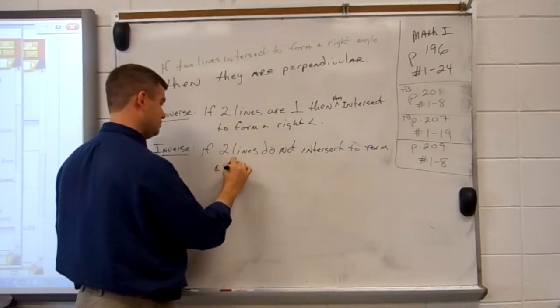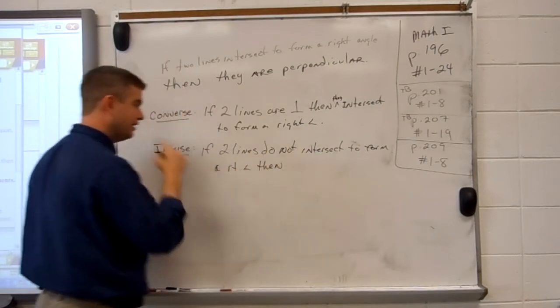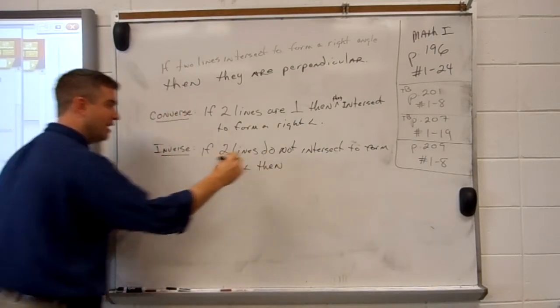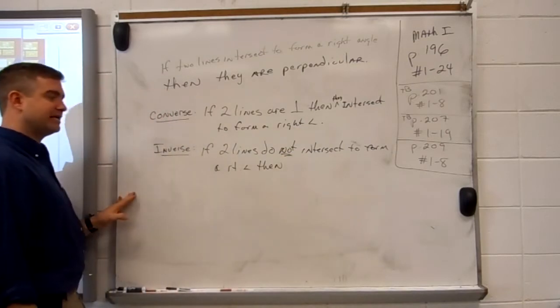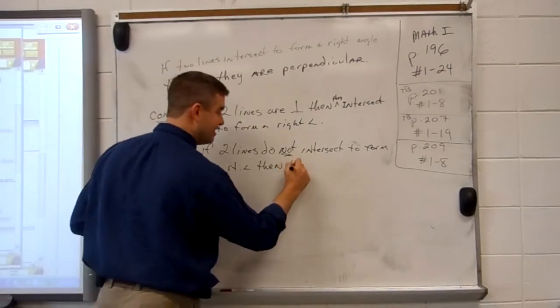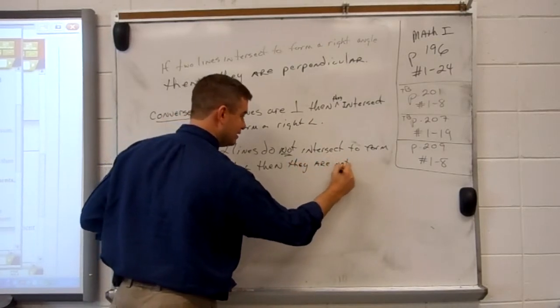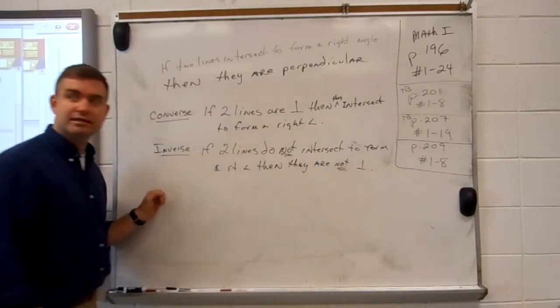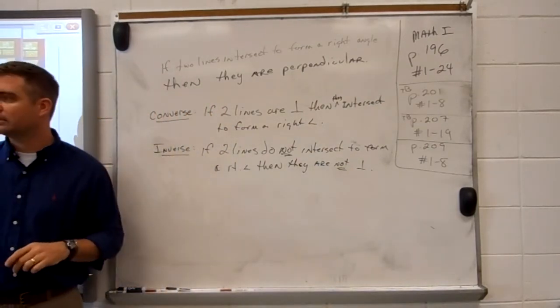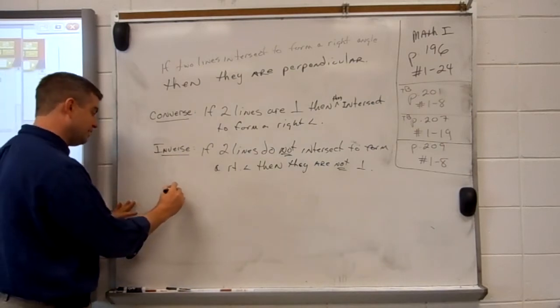All right, I'm caught up. If two lines do not, being the important word, intersect to form a right angle, then they are not perpendicular. Outstanding. Okay? Exactly right. Questions? All right, last one is contrapositive. Let's finish it up.